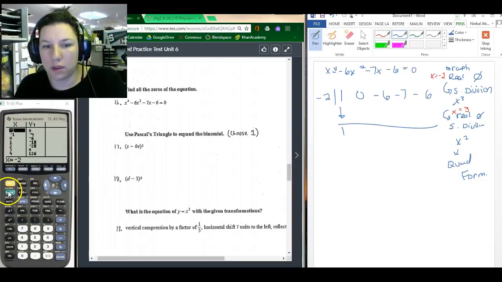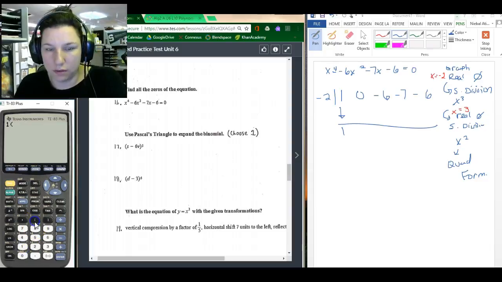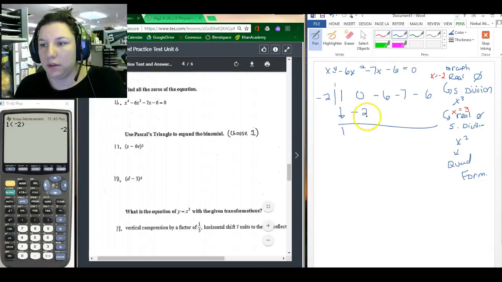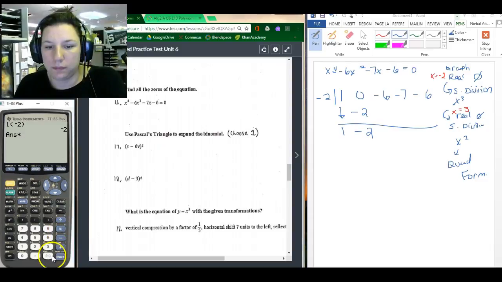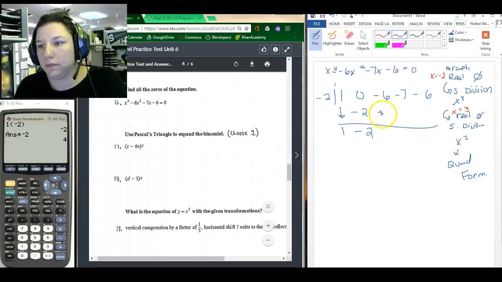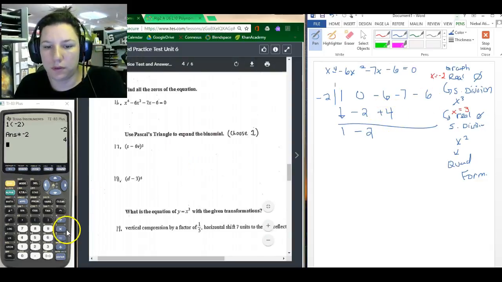I'm not taking any chances, so I'm going to use the calculator. Especially after you've already been working for quite a while, you might be a little mentally tired. So add those up. Add those up.